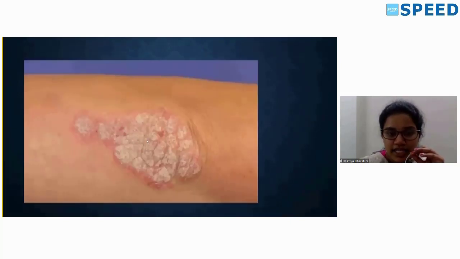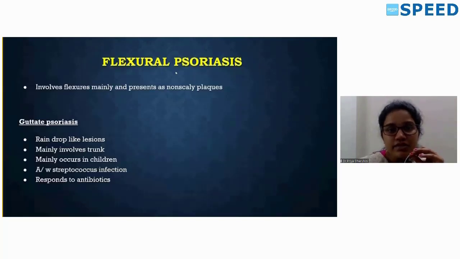So this is a typical psoriatic plaque, a red scaly plaque with silvery white fish-like scales over the extensor aspect of the limbs. Next type is flexural psoriasis. Flexural psoriasis involves flexures and mainly presents as non-scaly plaques, as a macerated skin lesion. Next type is guttate psoriasis. The word guttate means raindrop-like, so the patient will have raindrop-like lesions.